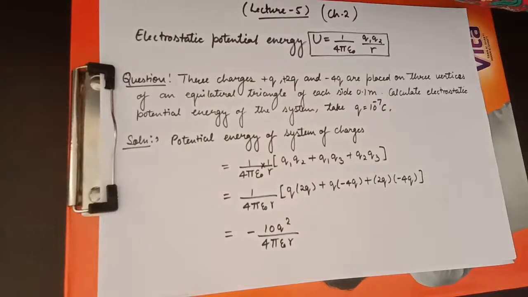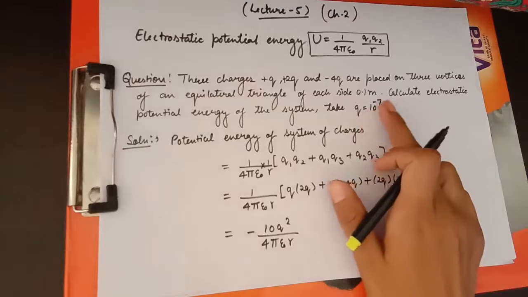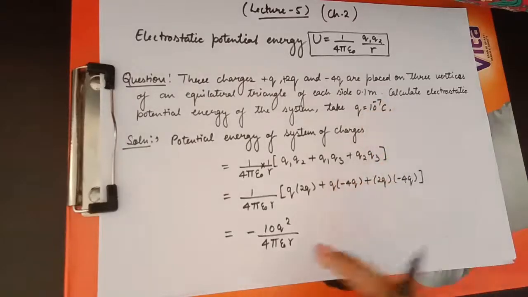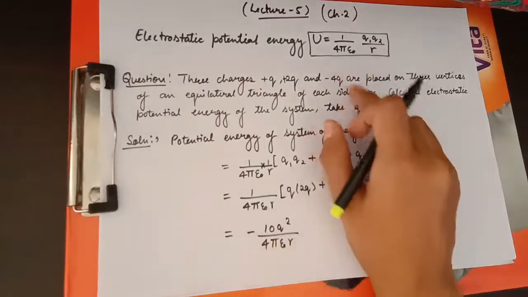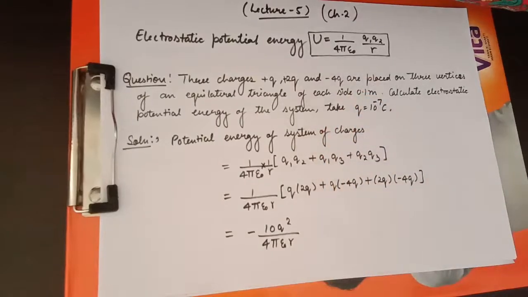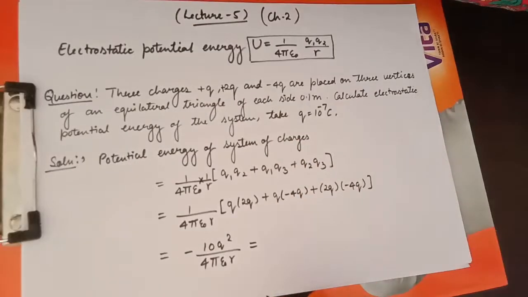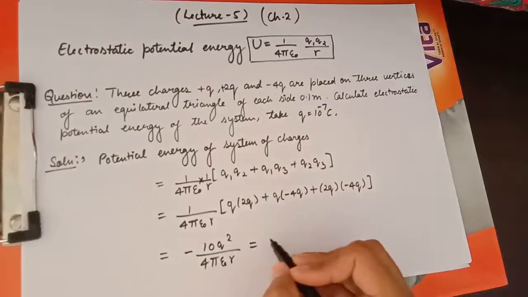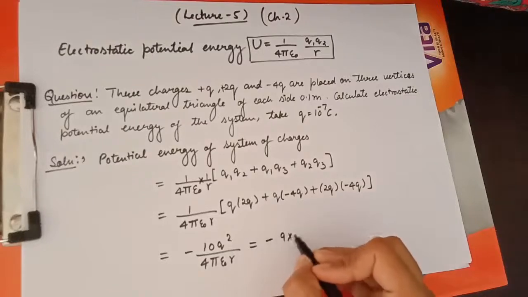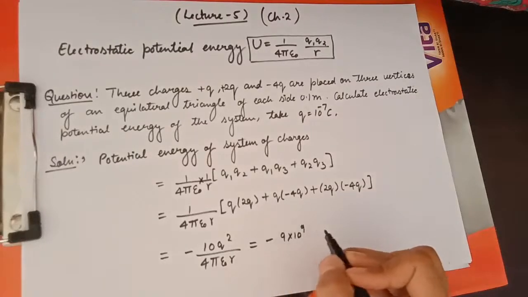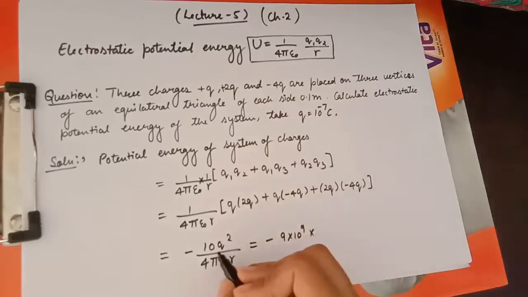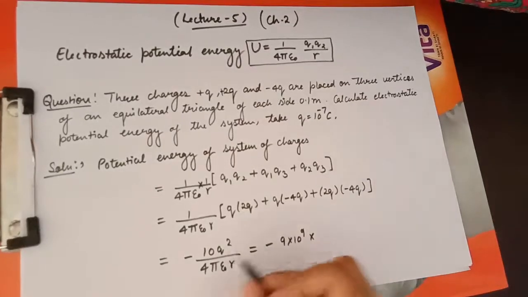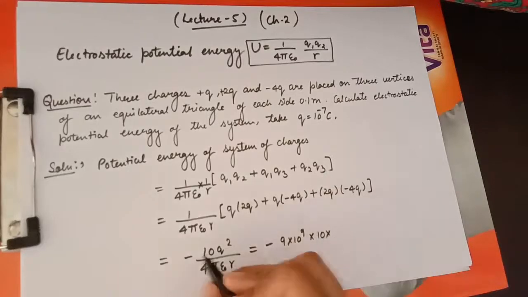And now I will put the value of Q, that is 10 raised to power minus 7 Coulomb, and the value of R, that is 0.1 meter. As you know, the value of 1 upon 4 pi epsilon naught is equal to 9 into 10 raised to power 9, into 10 into Q square.